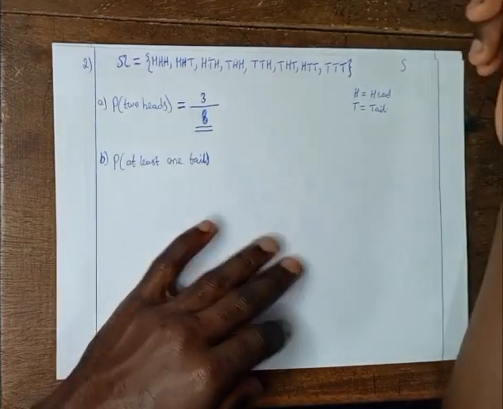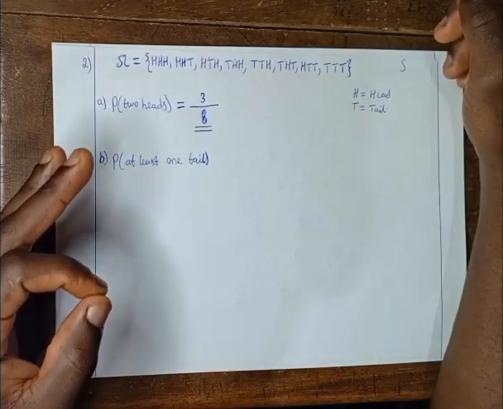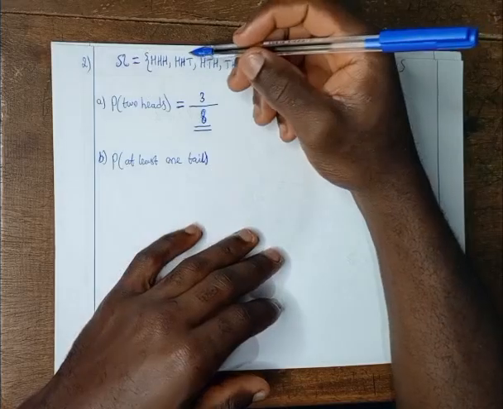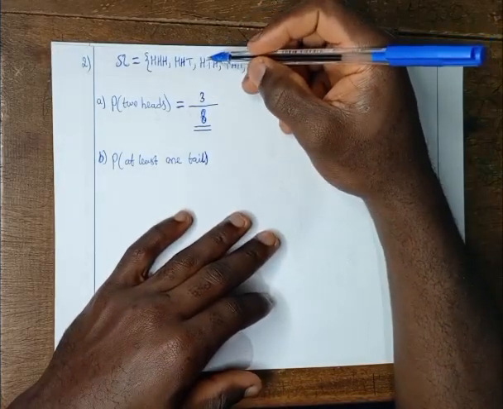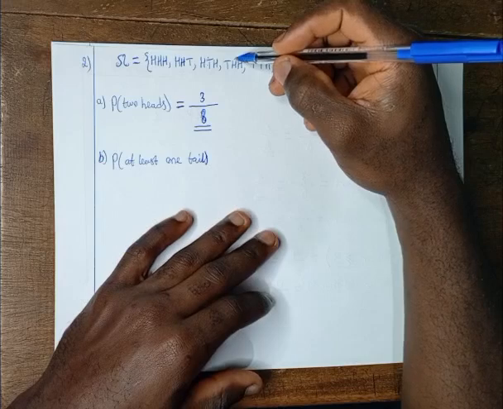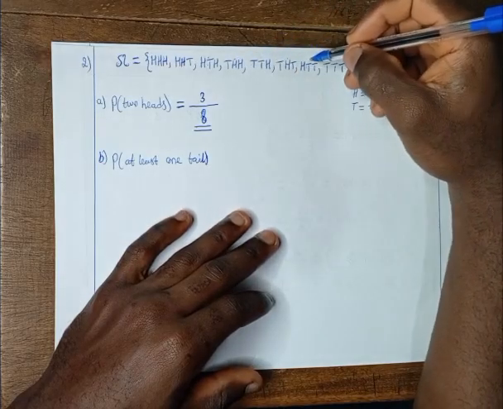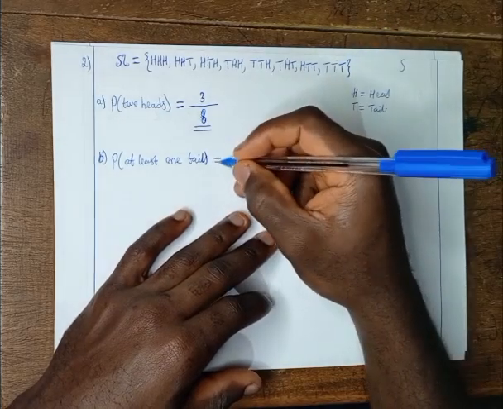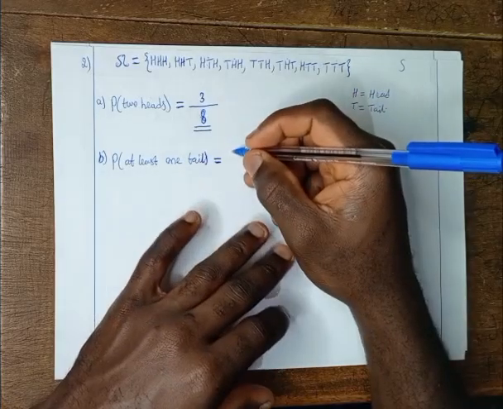So in this case, we are going to count all the outcomes where we have a tail, or 2 tails, or 3 tails. So this will be the first. We have 1, 2, 3, 4, 5, 6, 7. There are 7 of them. So we have 7 possible outcomes.